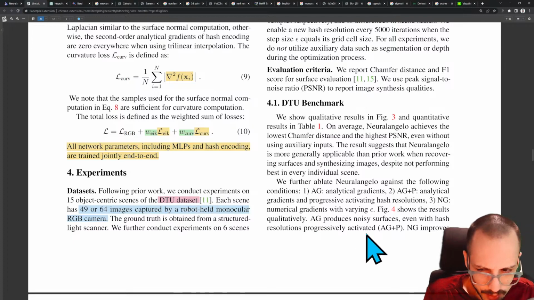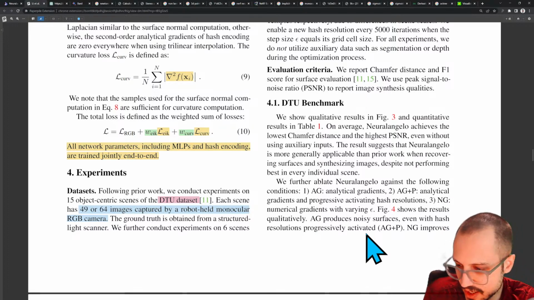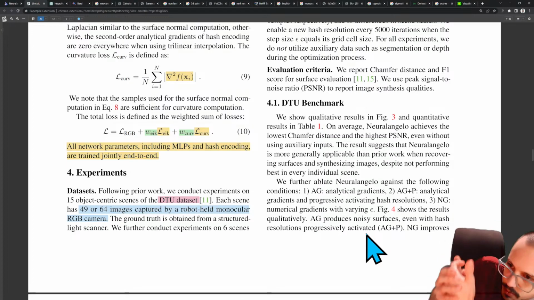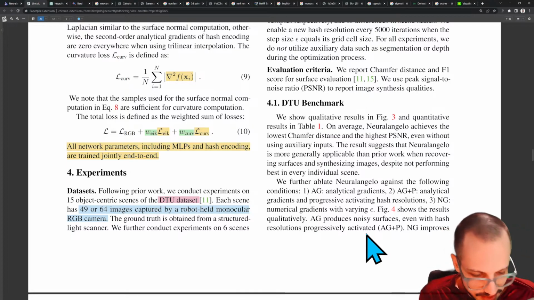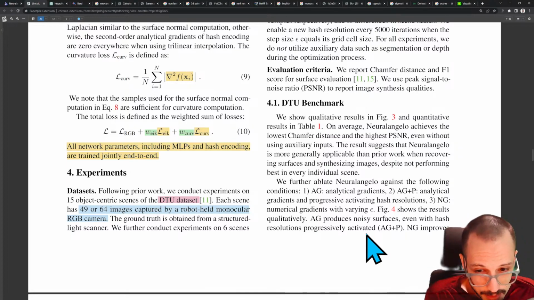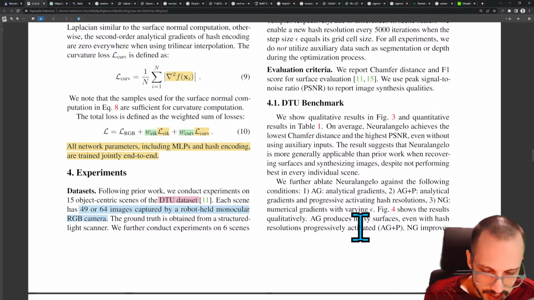And why would you want a robot to hold the camera for you? The reason is so that you know exactly the position of the camera, right? If you're sitting there with your cell phone recording, yes, your cell phone has an approximate position based on the accelerometer and the gyro, but the position you're going to have when you do this optimization process is going to be a little bit coarse.